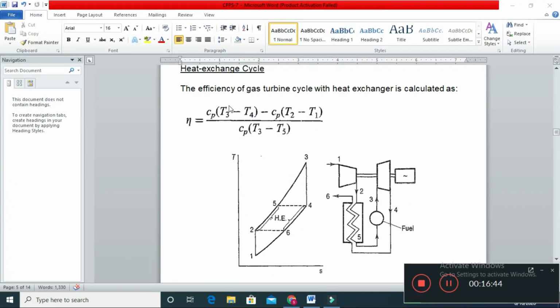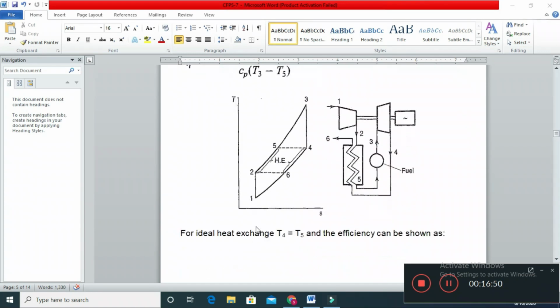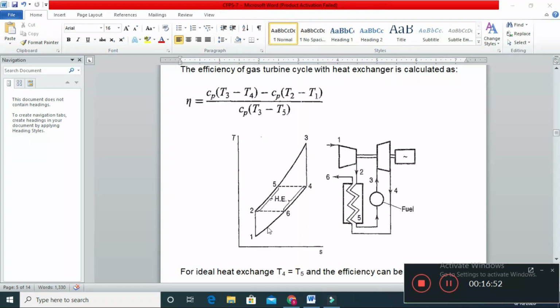So this is the formula: turbine work subtracted by compressor work divided by heat supplied. We make an assumption that the temperature of the air after the heat exchanger is same as the temperature of the turbine exit.